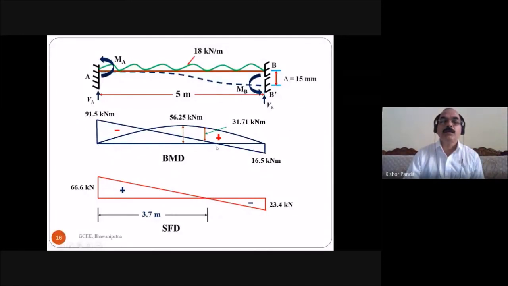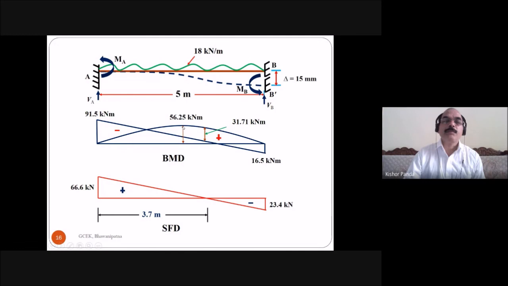Then you have to find out the midpoint. So midpoint means from this to this is your 2.5 meter, and you know this length, so you can find out this length. After getting this length, by taking the two similar triangles, this is one triangle and this is another triangle, you get this value.